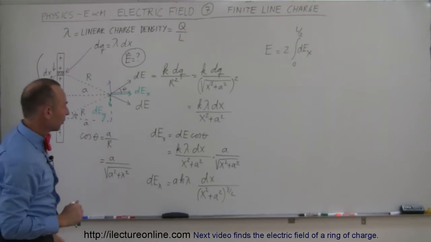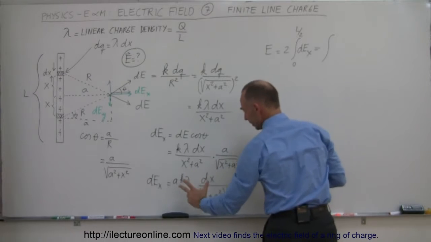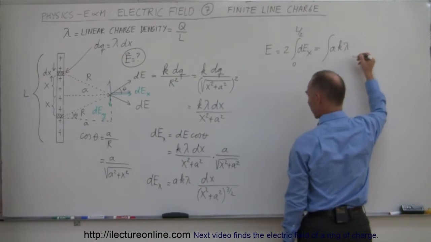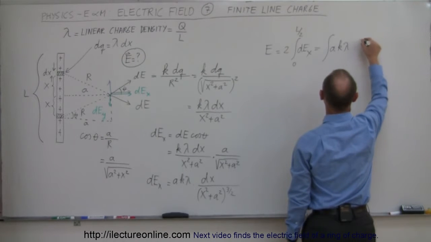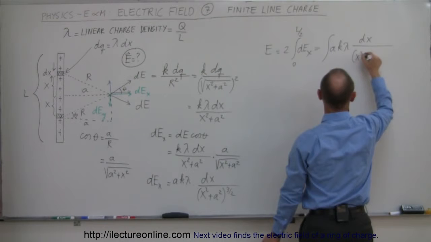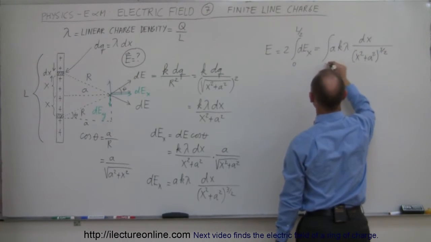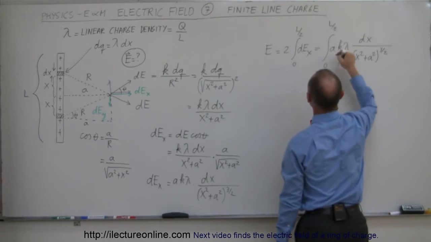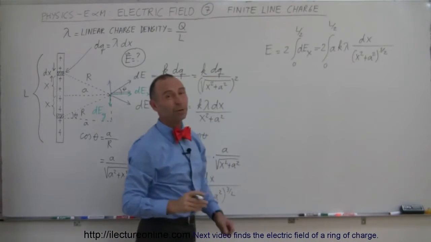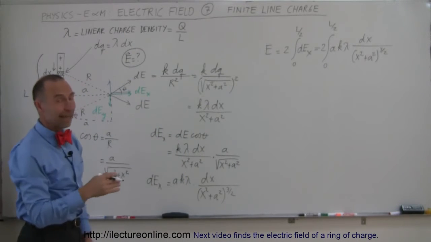And that would therefore be equal to the integral of this right here, which is a k lambda times dx divided by x squared plus a squared to the 3/2 power, integrating from 0 to L over 2. And of course, don't forget the 2 there, because I have to double it since I'm only integrating from 0 to L over 2. All right, now remember that a, k, and lambda are constants.